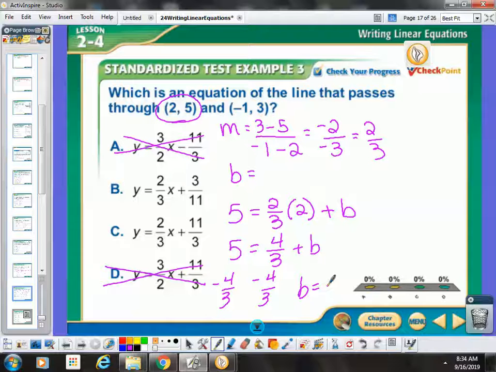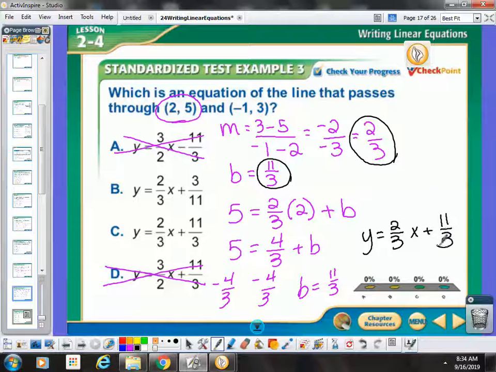Would you get 11/3? So now that we have the slope and we have the y-intercept, write your equation. y equals 2/3 x plus 11/3.